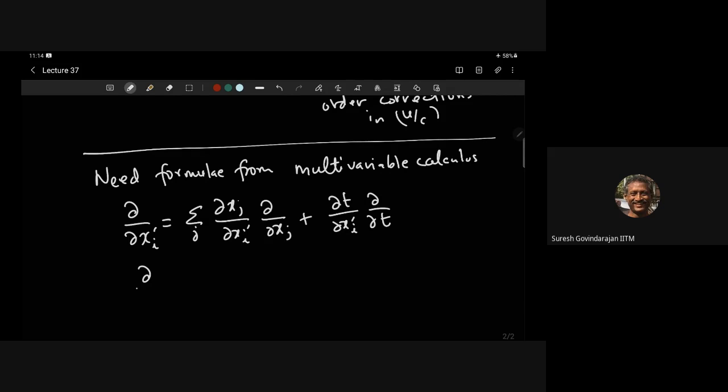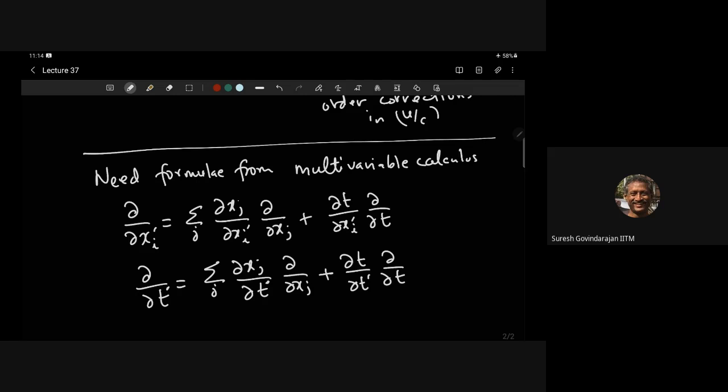And d by dt prime is the sum over j of dx_j by dt prime times d by dx_j, plus dt by dt prime times d by dt. Right? You know this formula, right?